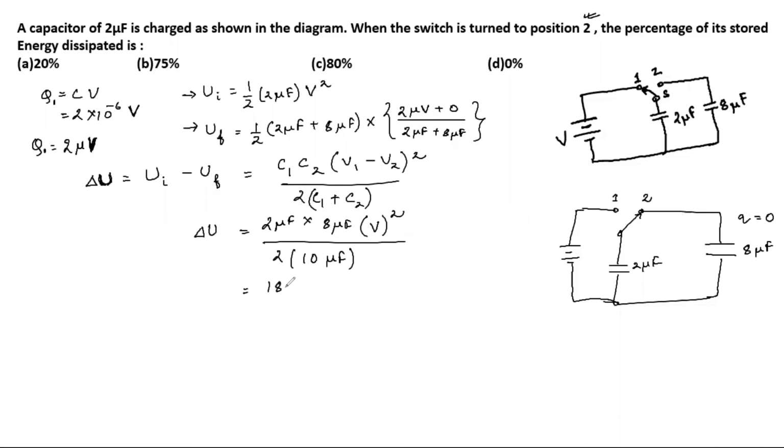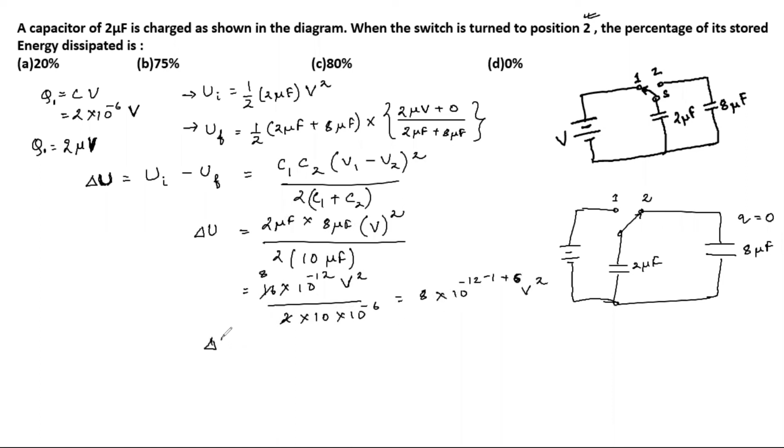So this is our change in energy stored. It is going to be 16 into 10 to the power minus 12 V square, divided by 2 into 10 into 10 to the power minus 6. So this gets cancelled, and you will have 8 into 10 to the power minus 7 V square.